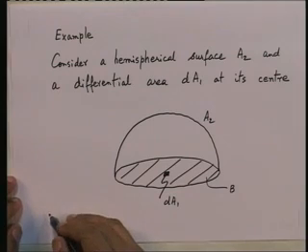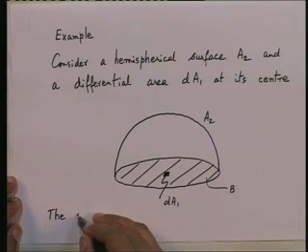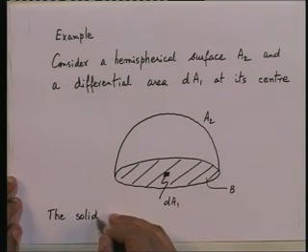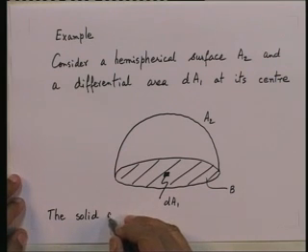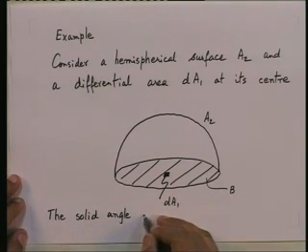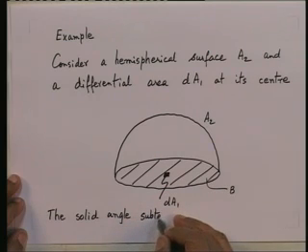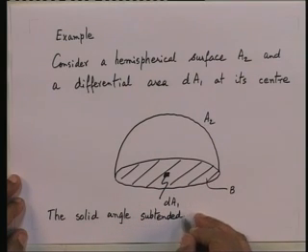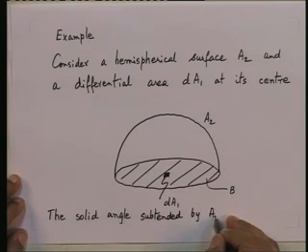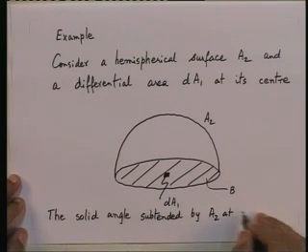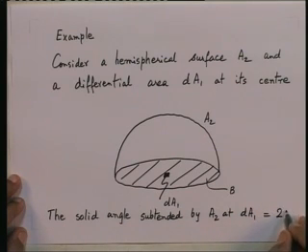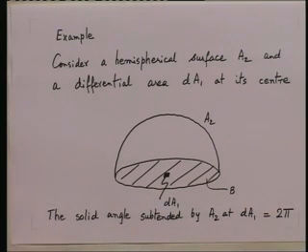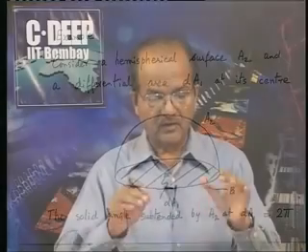Therefore, the solid angle subtended by A2 at dA1 will be equal to 2 pi. 2 pi will be the area cut out on the surface of a sphere of unit radius centered at dA1. Got it?